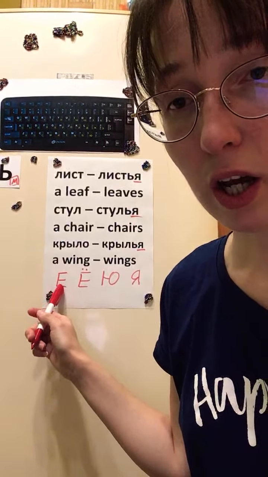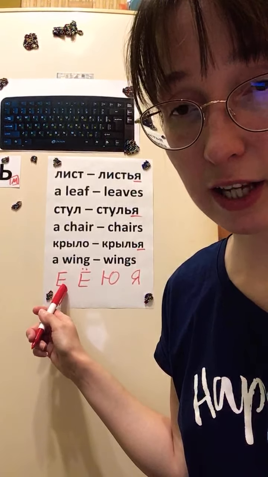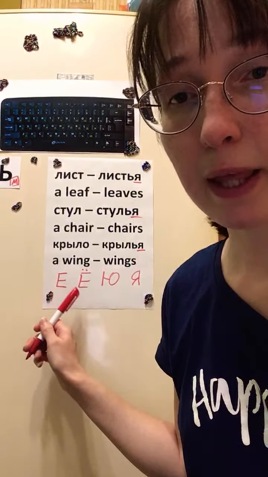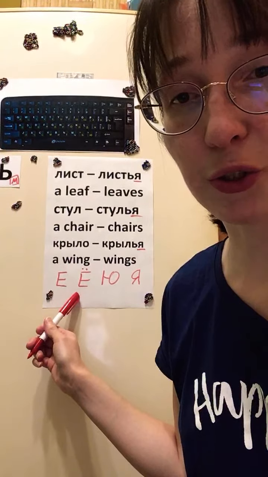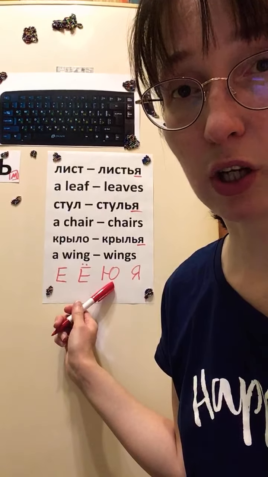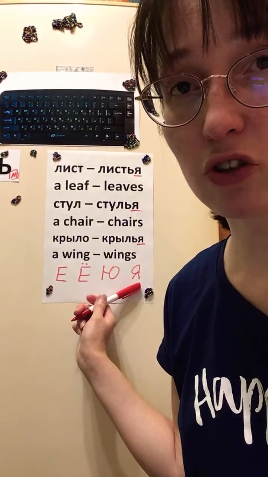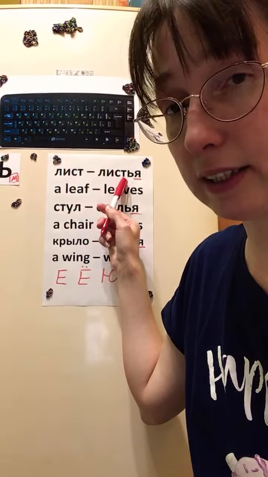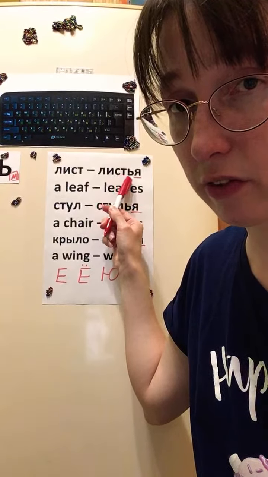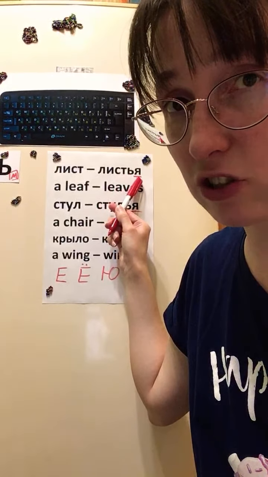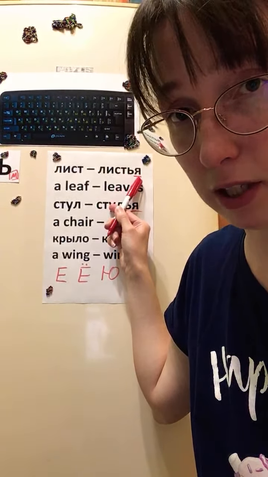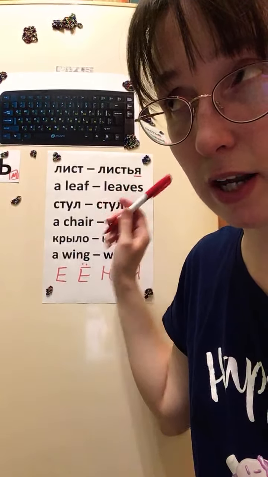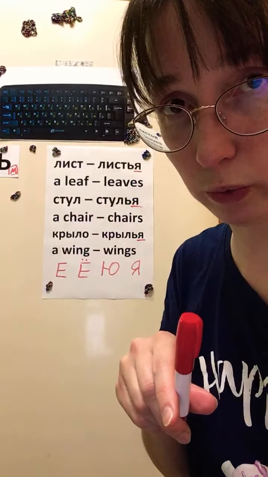So this letter is pronounced yeah, this letter is pronounced yo, this letter is pronounced you, and this letter is pronounced ya. We pronounce this consonant soft, and we pronounce this letter like in the alphabet. It's a really important pronunciation rule.